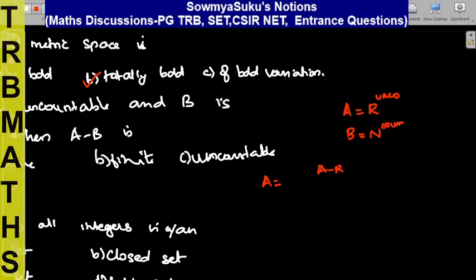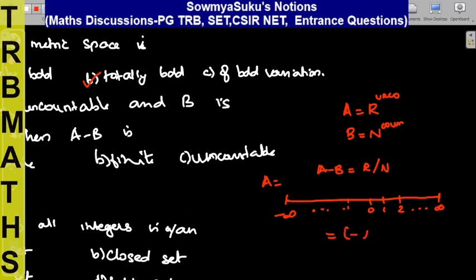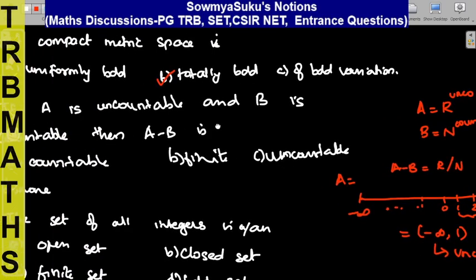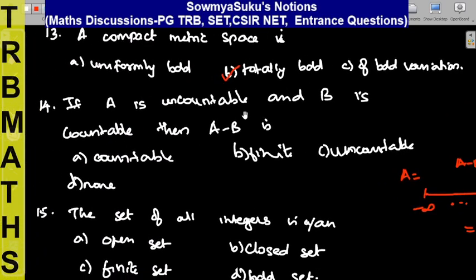Let's check A difference B, that is R difference N. In the set of real line, minus infinity to infinity, with 0, 1, 2, 3, etc. and minus 1, minus 2, etc., R difference N contains the interval minus infinity to 1 open, where 1 is not included. This interval is uncountable. So we can write that A difference B is uncountable. So for the 14th question, option C is the right one, uncountable.